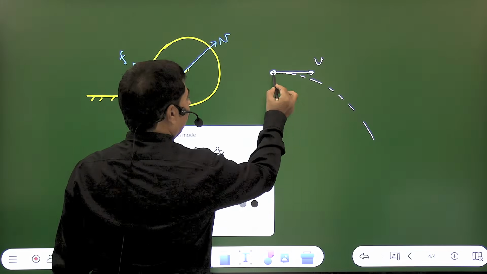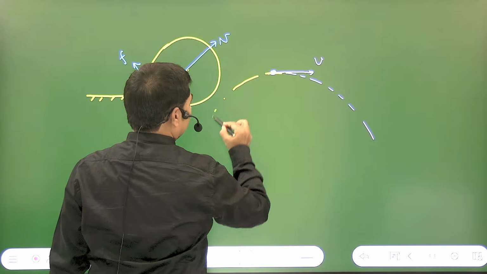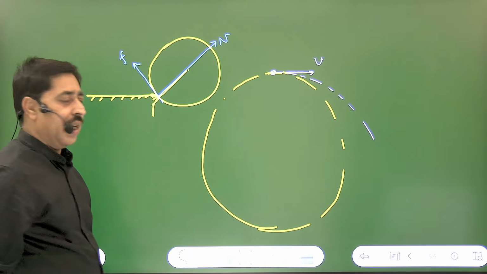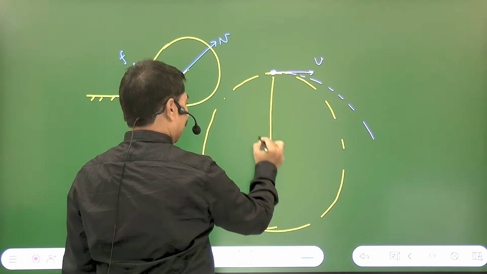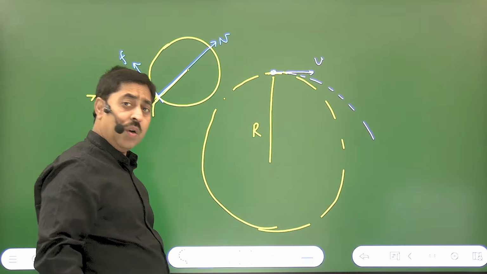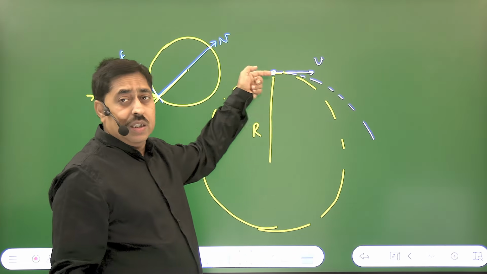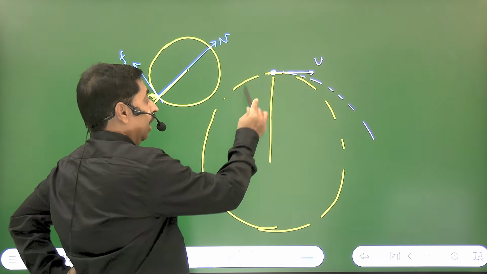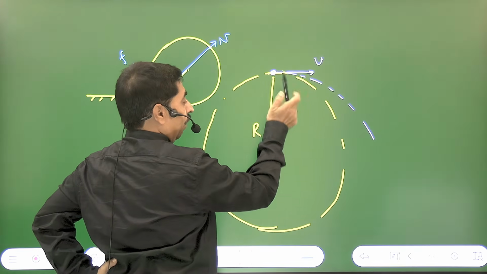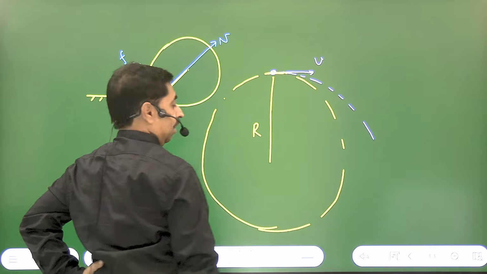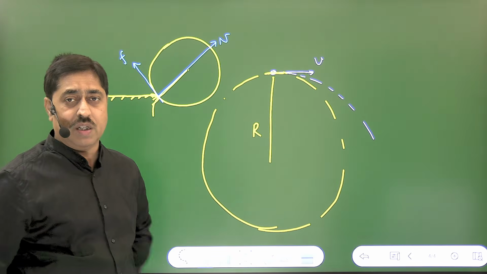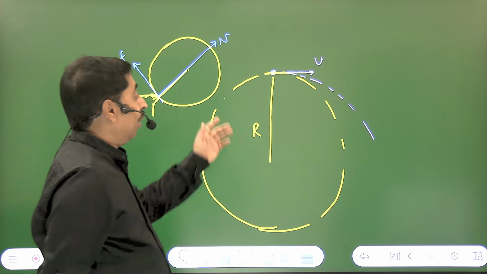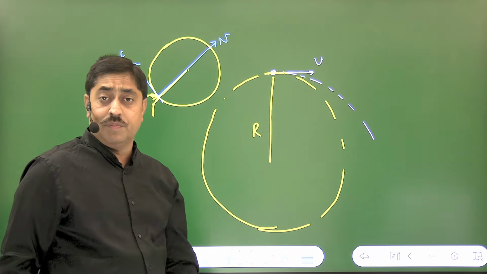So a small portion of a parabola out here is basically part of a circle, and the radius of this circle is the radius of curvature at this point. So we are assuming that this particle is moving on the yellow colored circle for a moment. For an instant, the section of the parabolic path and this small section of the circle are fitting on each other. So the particle can be thought to be moving on this yellow colored circle, right?